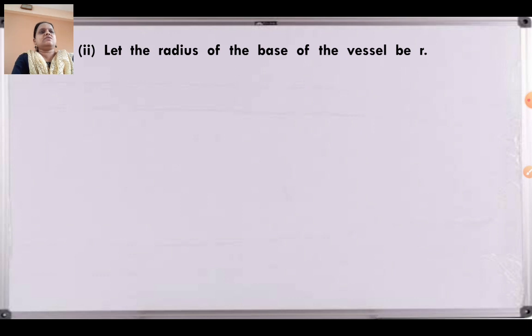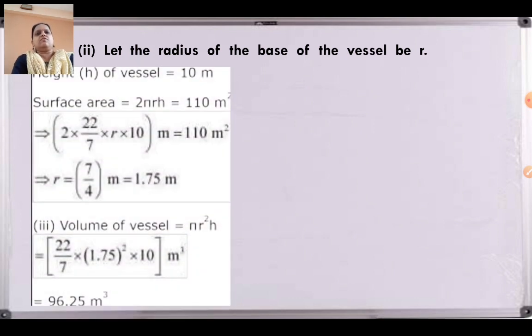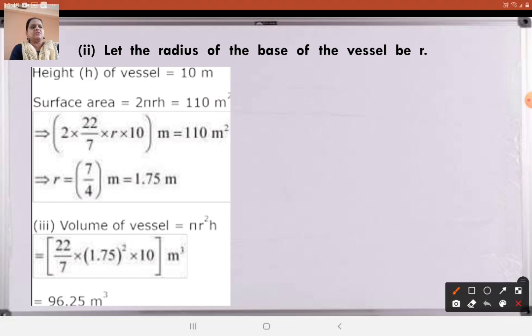Let the radius of the base of the vessel be r. So first of all, we will find the r value. What is given? The height is given as 10 meter. The curved surface area formula is 2 pi rh.